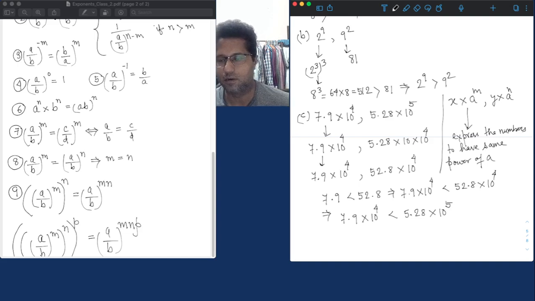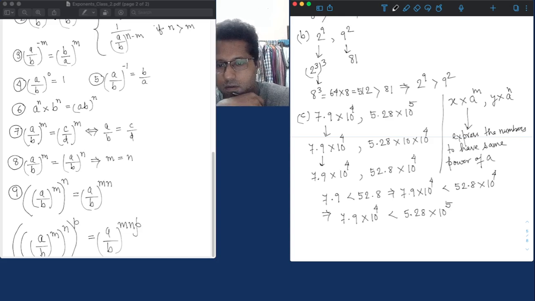You have to adjust a to the power m or a to the power n in such a way that both the numbers have the same power of a, and then you can compare the rest of the factor of the two numbers.